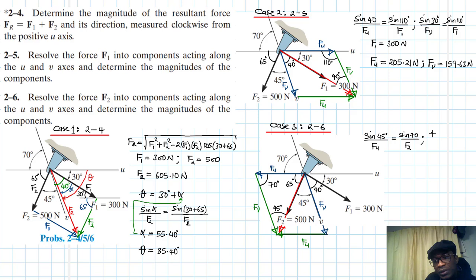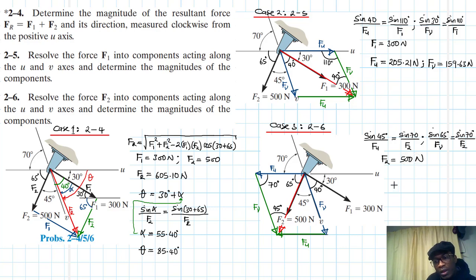Another equation, sine 65 divided by Fv is equal to sine 70 divided by F2, and we know that F2 is just going to be equal to 500 newtons.